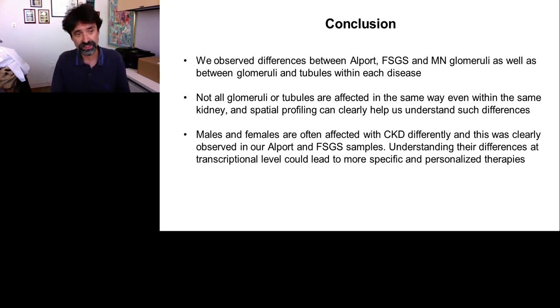It also seems that males and females are often affected with CKD differently, and this was clearly observed in our Alport and FSGS samples. This could be attributed to the variability across samples, but could actually be something that is really sex dependent. So understanding these differences at the transcriptional level and also at the protein level could lead to more specific and personalized therapies.